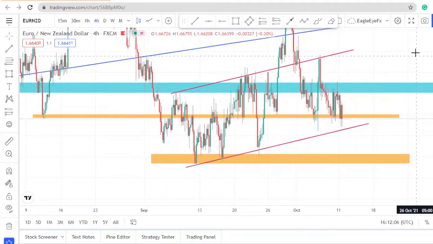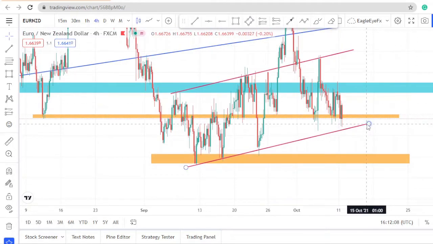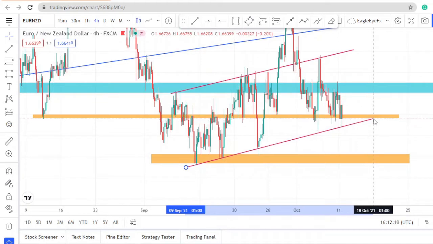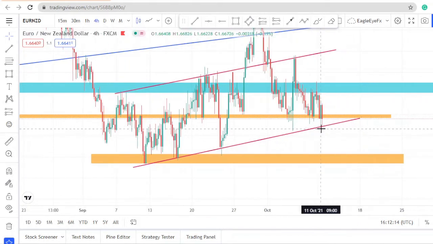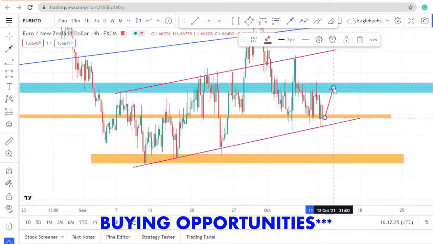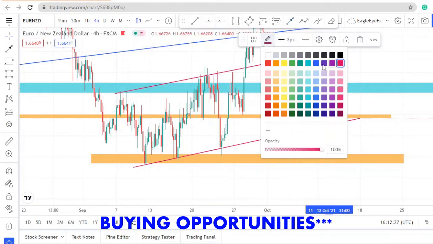All right, so from what I'm seeing here currently, I can see that EURUSD has come to the supporting trend line, and also to the zone. So if EURUSD is not able to break this level, then I'll be looking for selling opportunities up to maybe somewhere around there.